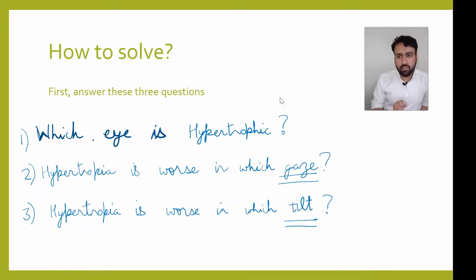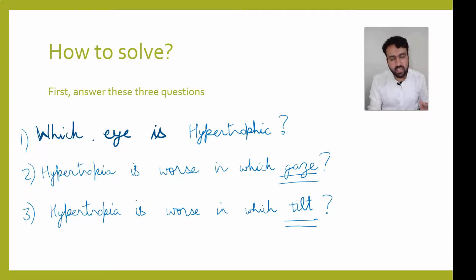Now, to solve the test, you need 3 pieces of information that will be provided in the question. The first is, which eye is hypertropic, right? It could be either right hypertropia or left hypertropia. The second, the hypertropia is worse in which gaze, either right gaze or left gaze.